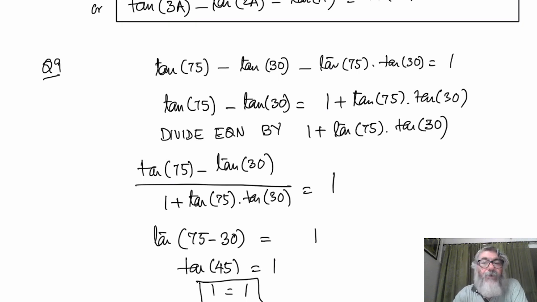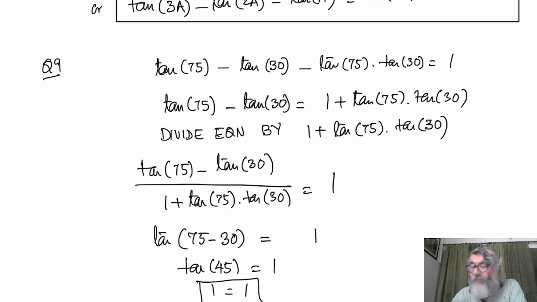So this is one way of doing it. What did we do? We shifted minus tan 75 tan 30 to the right hand side. Tan 75 minus tan 30 becomes equal to 1 plus tan 75 tan 30. Then we divided the complete equation, right hand side and left hand side, by 1 plus tan 75 tan 30.